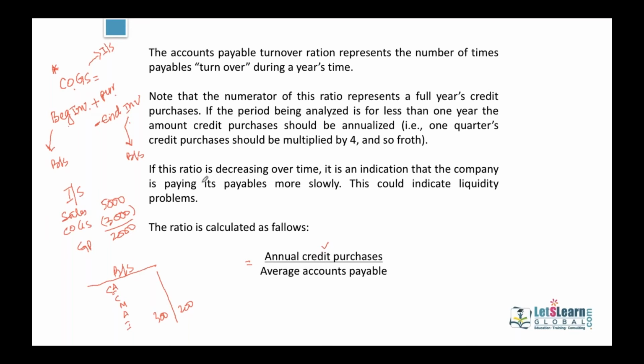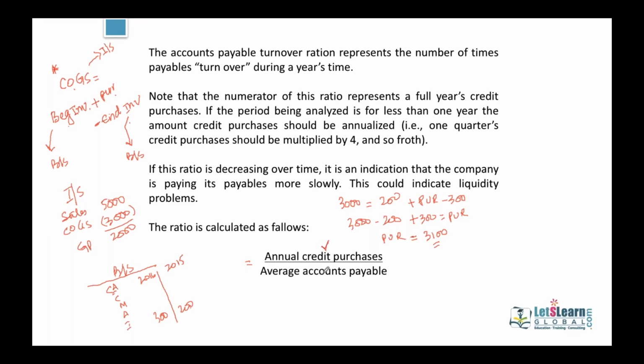Cost of goods sold, 3 million, equals beginning inventory 200, because this column is for 2015 and this is for 2016. 2015 ending inventory becomes 2016 beginning inventory, plus purchases, which we don't know, minus ending inventory. So 3000 minus 200 plus 300 equals purchases. Therefore purchases equals 3100.